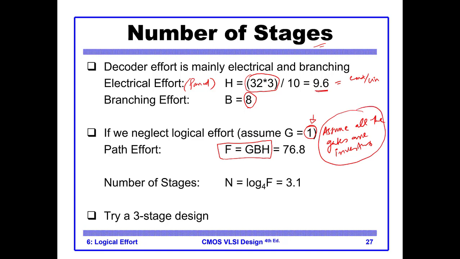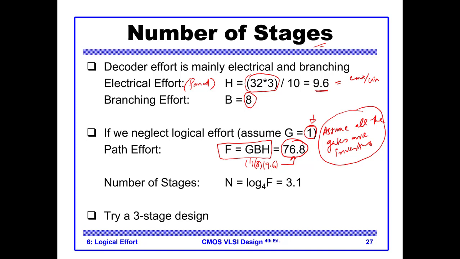This simplifies our calculation. So with 1, we put 1, we put 8, we put 9.6, and we get this value 76.8.